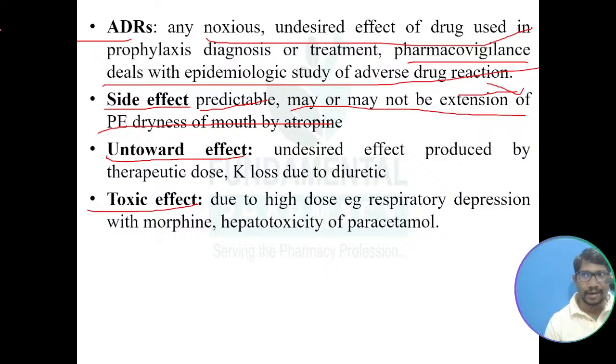You can say dryness of mouth caused by atropine is a side effect. Now what is an untoward effect? Untoward effect is an undesired effect produced by a therapeutic dose of a drug. For example, potassium loss due to diuretics. If you are on a diuretic, there will be potassium loss. So it is an undesired effect produced by a therapeutic dose.